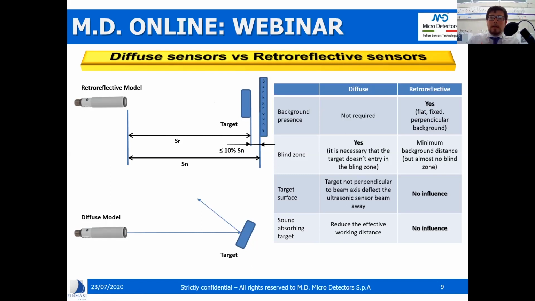As a consequence, this kind of solution makes it possible to detect any kind of object, no matter their shape, no matter the regularity of their surface, and no matter the material. In fact, even sound absorbing surfaces can be detected with this kind of solution. Furthermore, of course, in this case we do not talk about blind zone, but we talk about minimum distance, background distance, so the minimum distance where we can set this background.